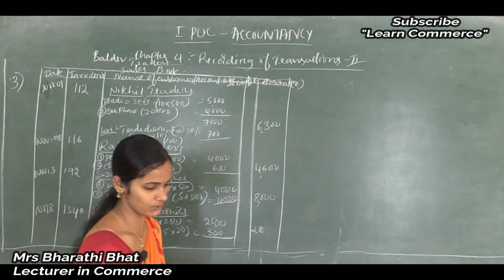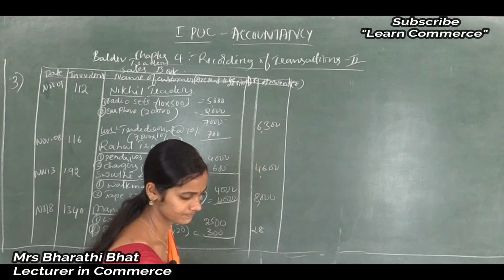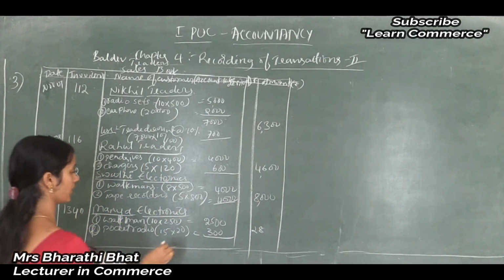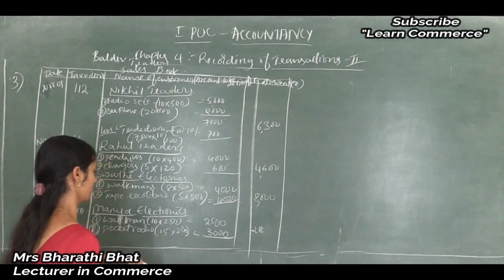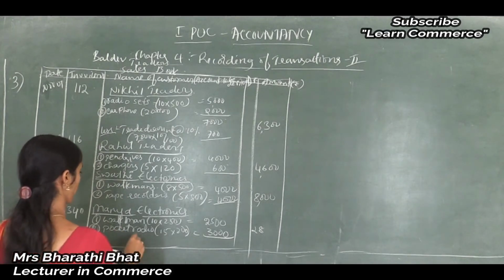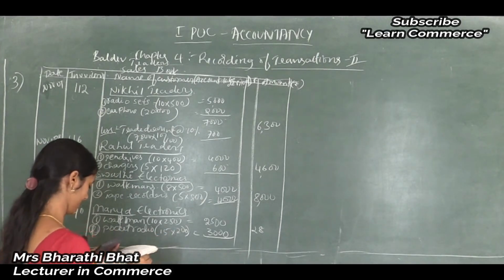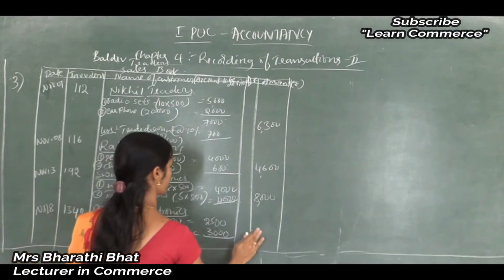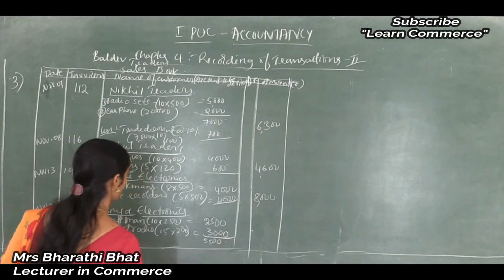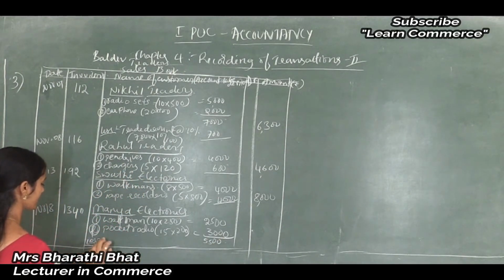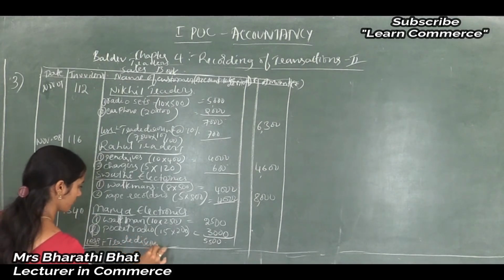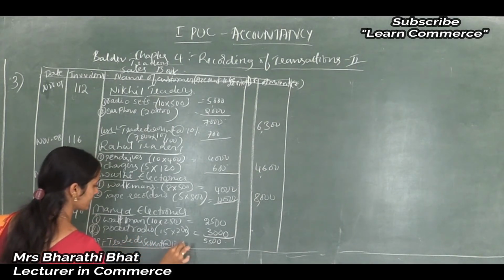No discount. 15 into 200, it is not 20. First one 10 into 250, 2,500, and pocket radio 15 into 200, and yes, trade discount is also given. So 5,500. Below that less trade discount at 10%.